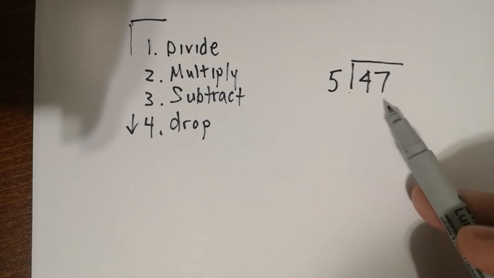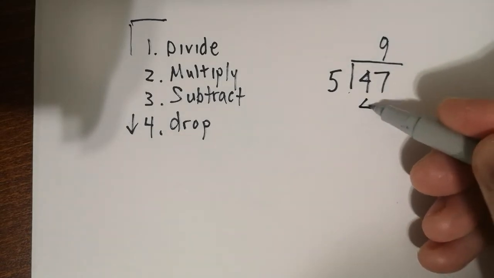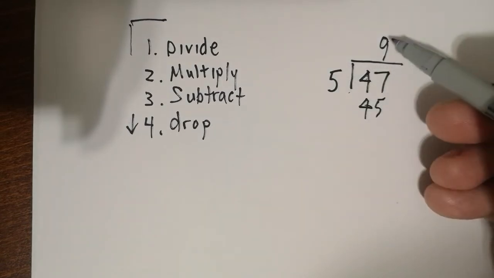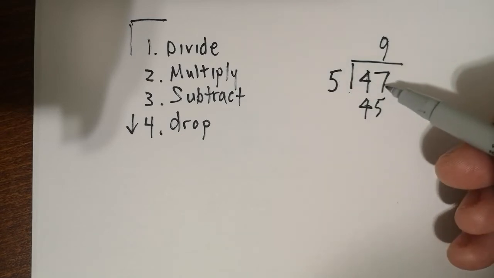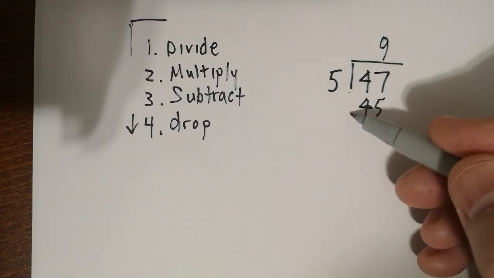How many 5s can I get out of 47? Well, I know my times table, so closest is 9. 9 times 5 is 45. So you can get 9 groups of 5 out of 47, and 5 times 9, we're multiplying, is 45.